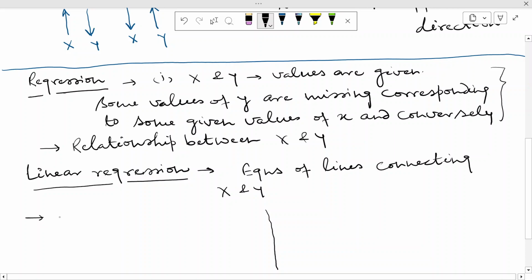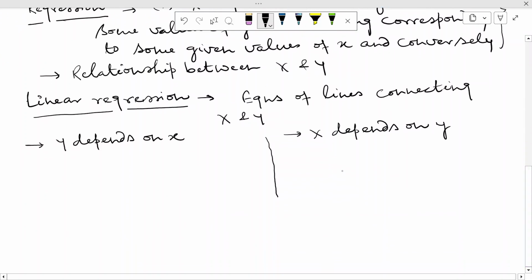So we have a first situation where y depends on x, and another situation where the variable x depends on y, means x will be considered as the dependent variable.